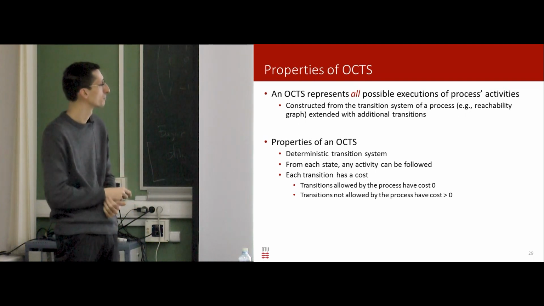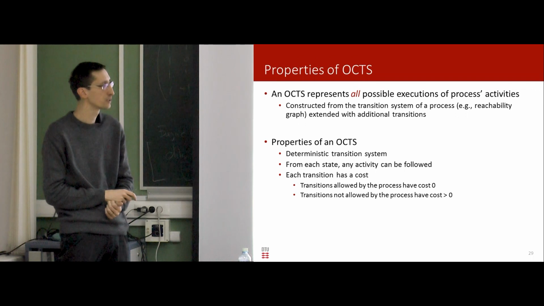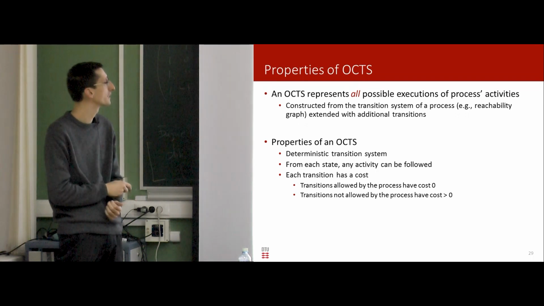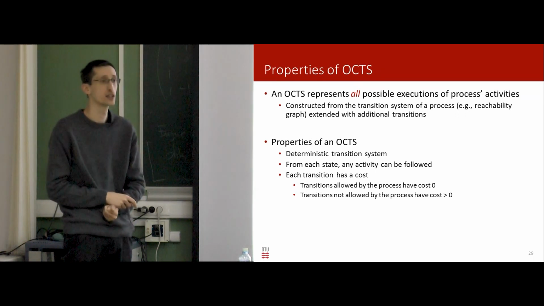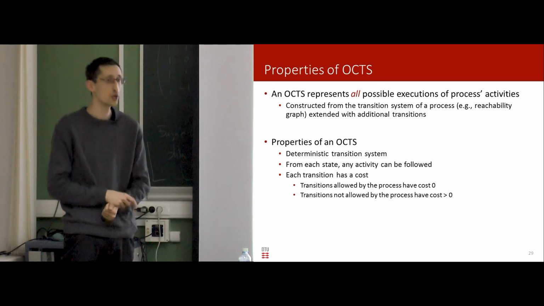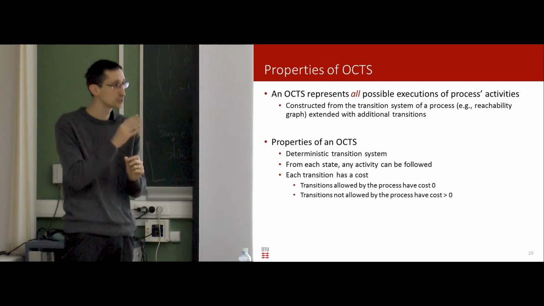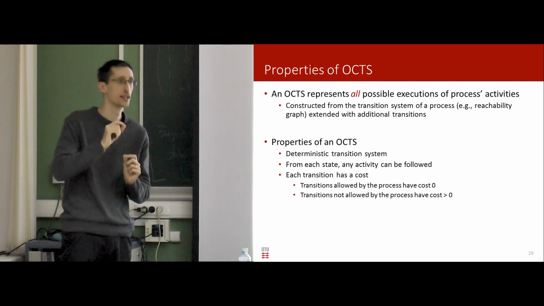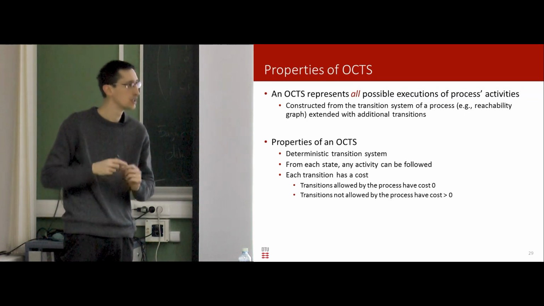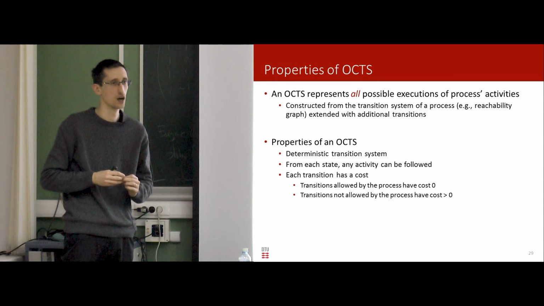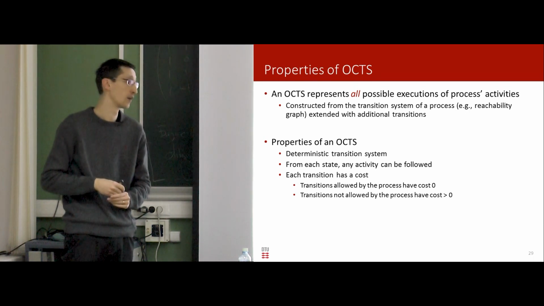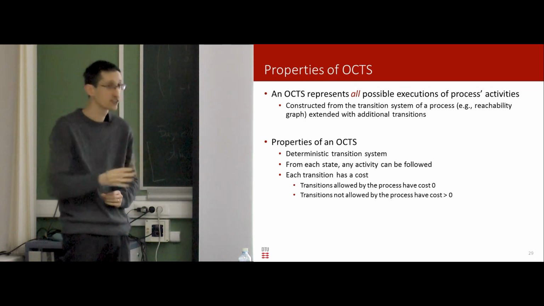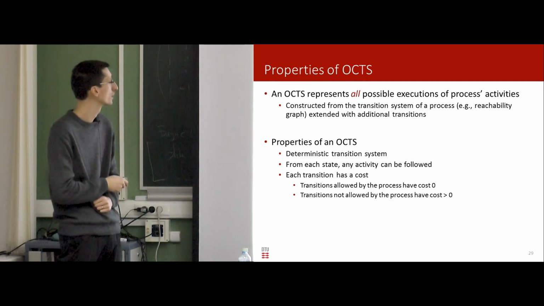Still, we have to keep some properties in this enriched OCTS. In particular, it has to be a deterministic transition system, which means that for each state we want just one transition exiting with a given label. This way we can have constant time complexity in the selection of which transition to keep.